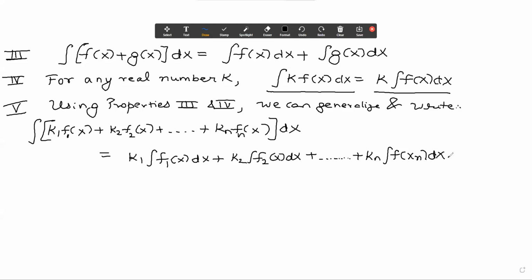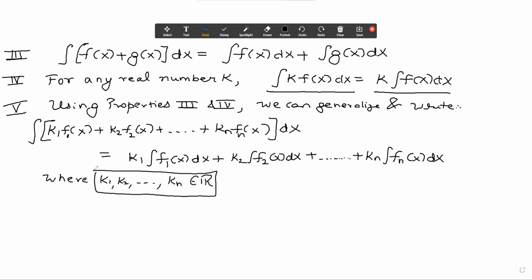If I generalize using properties 3 and 4, I can say that integral of k1 into f1x plus k2 into f2x plus dot dot kn into fnx dx is k1 into integral f1x dx plus k2 into integral f2x dx plus dot dot kn into integral fnx dx, where k1, k2, dot dot kn all belong to the set of all real numbers. So I hope all students are clear with the properties of integration.